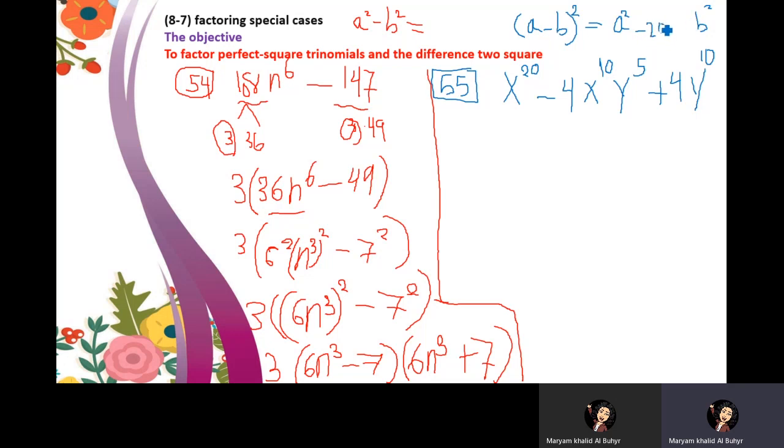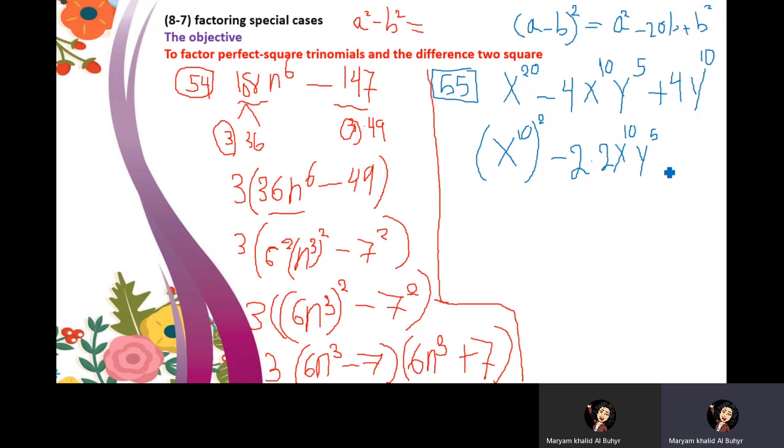But what should I do if I have power 20? I can again play with a power raised to another power. I will say it is power 10, all this to the power 2. Second thing, I will say 2 times 2x to the power 10, y to the power 5.